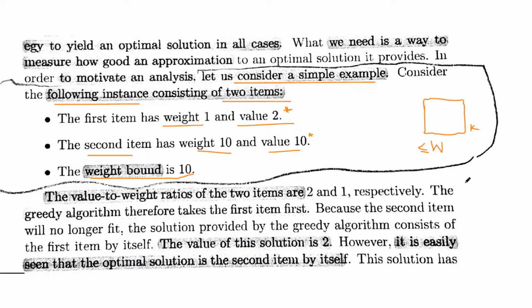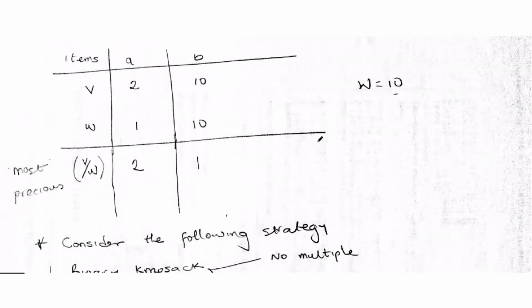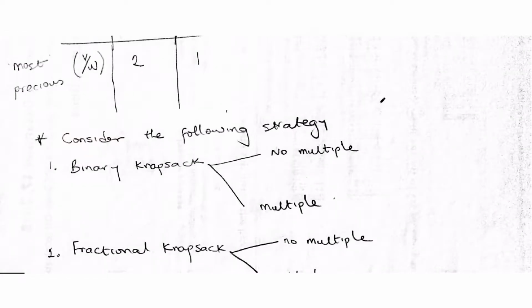Now, in binary knapsack we refer to 0 or 1. Either you carry an item or you don't carry it. That's the meaning of binary, 0 or 1. If you carry the item, that is 1. If you don't carry the item, that is 0.